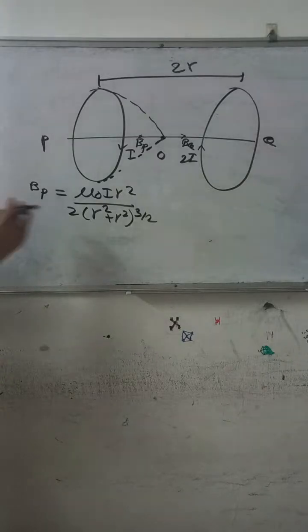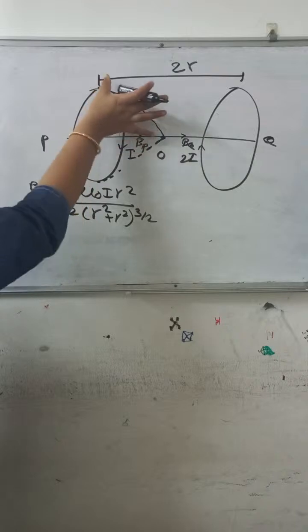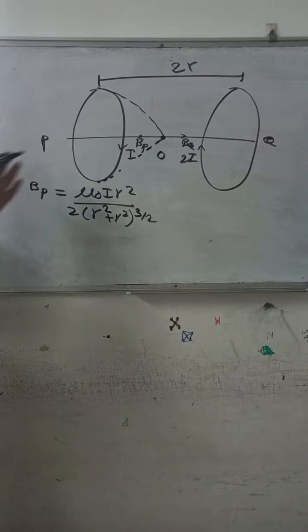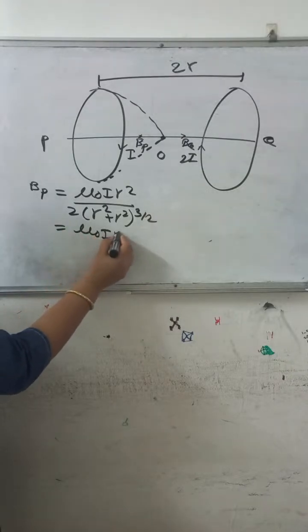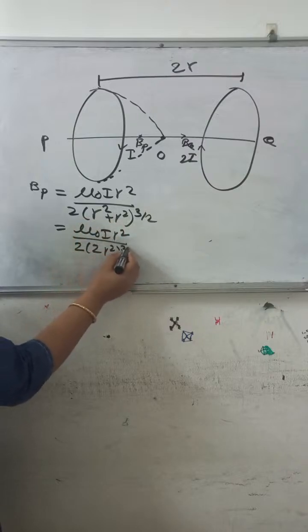This one radius is this and another is this radius. Those distances are given. So this is BP here. If you simplify, mu naught I into R square divided by 2 into 2R square raised to 3 by 2.